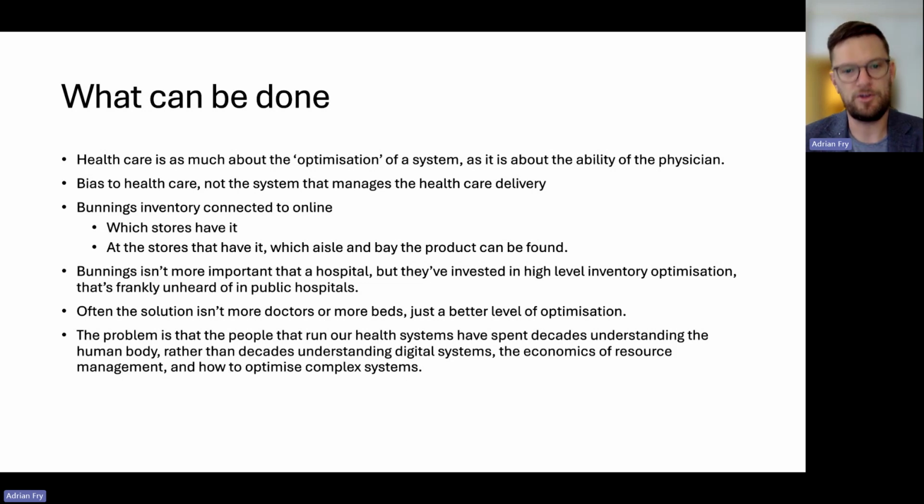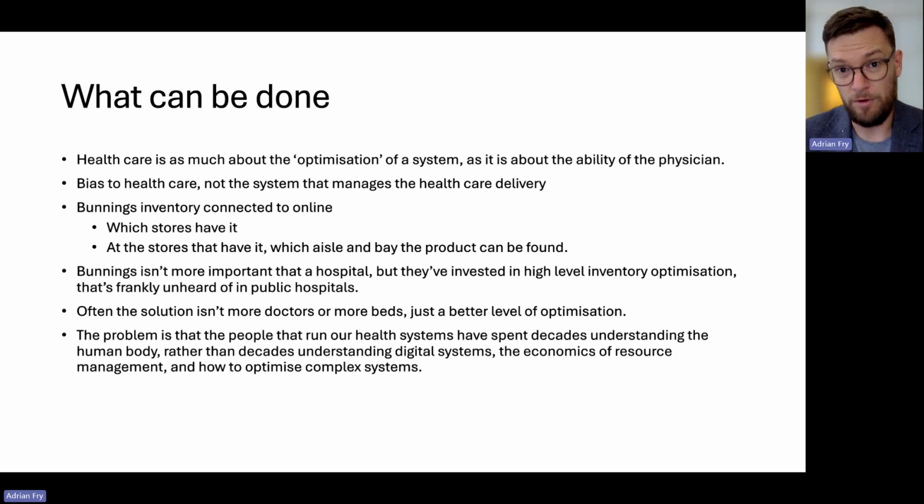So I can go, well, I could go to this store, but I have two of the three things I want. But I can go to this one and have all three things I want, and here's exactly where they are. Bunnings isn't more important than a hospital, but Bunnings have invested significant amounts of money in optimizing their systems. And frankly, even that level of optimization is unheard of in public hospitals.